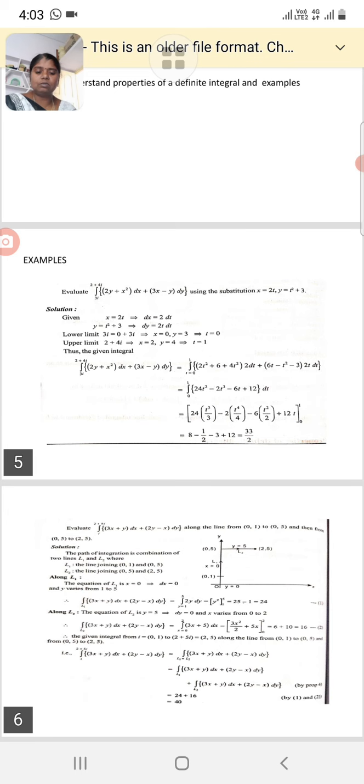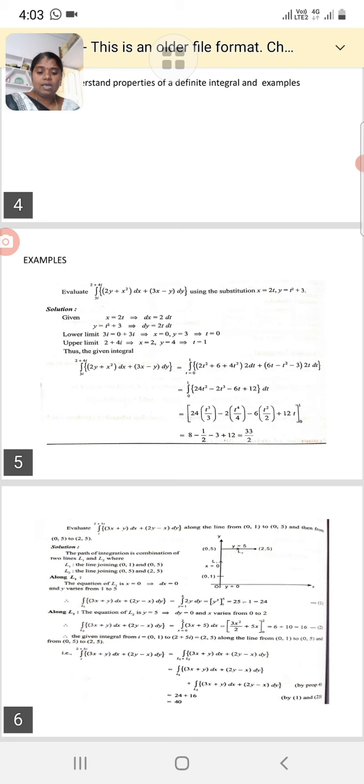In that condition, the path consists of the line L1 as well as L2. L1 is from 1 to 5 and L2 is from 0 to 2. For the line L1, the x value is 0, so dx = 0, and y is running from 1 to 5.